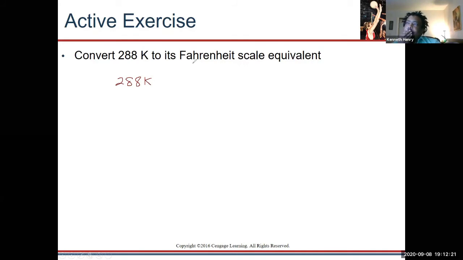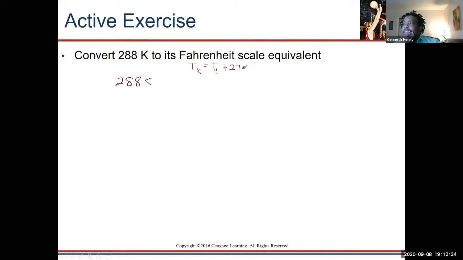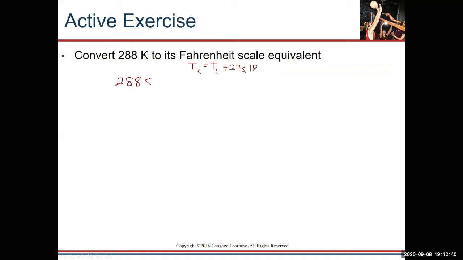And if I remember correctly, it says TK equals TC plus 273.15. Now you subtract the 273.15 from both sides, okay?